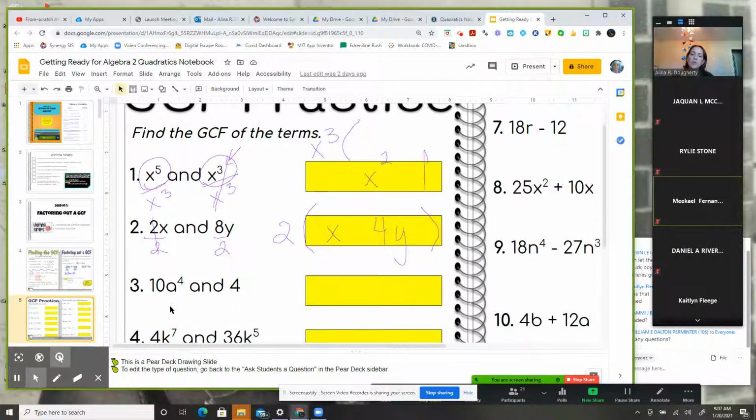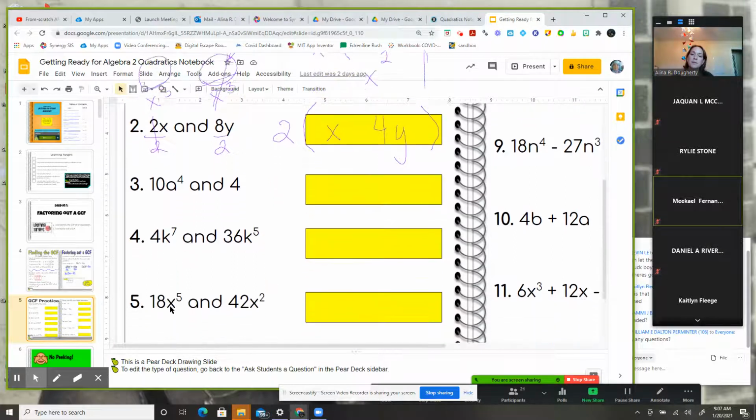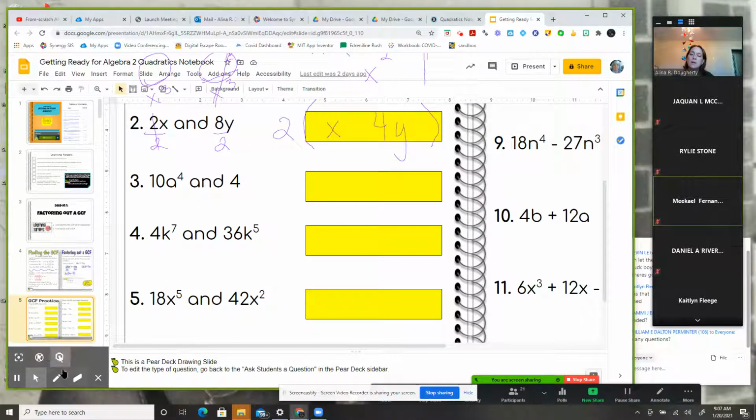Take a minute and try 3 and 4. What can you divide both of those terms by? And then put it in the chat.